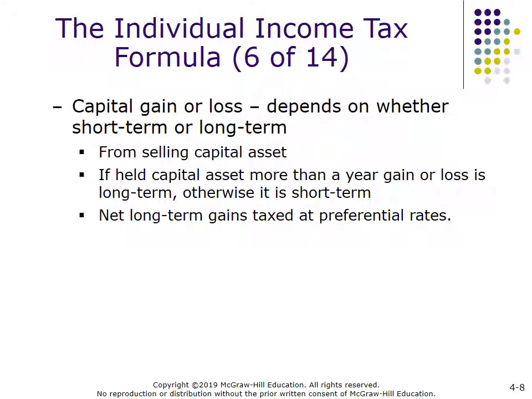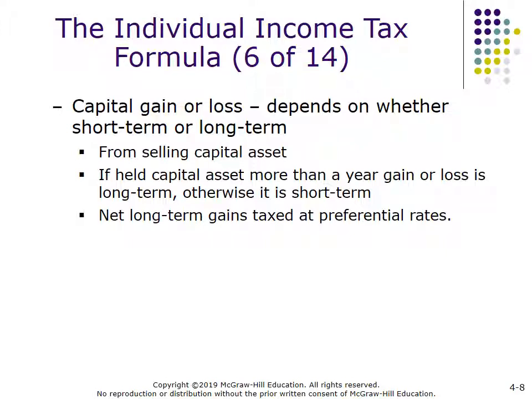Also, certain capital gains are taxed at lower tax rates. Now, you will have a capital gain or a capital loss on selling a capital asset. A capital asset is not defined in the tax code. It is defined by exception. What does that mean? And this is on page 4-6 of your book.